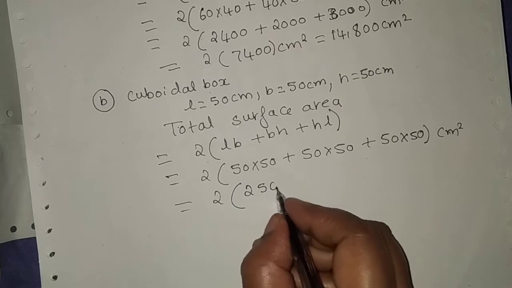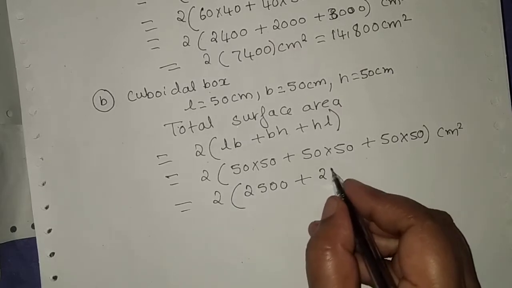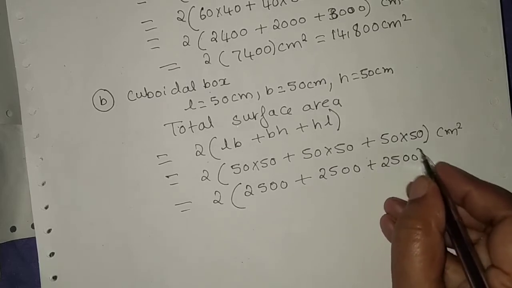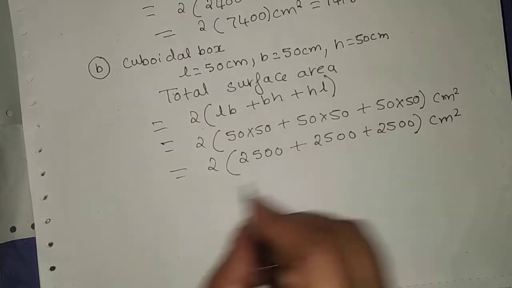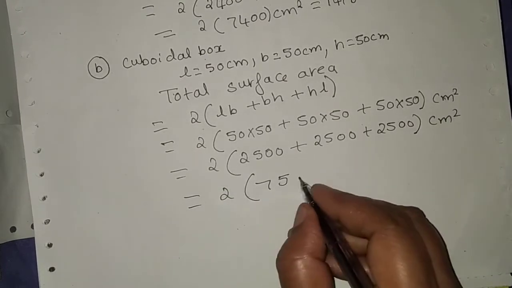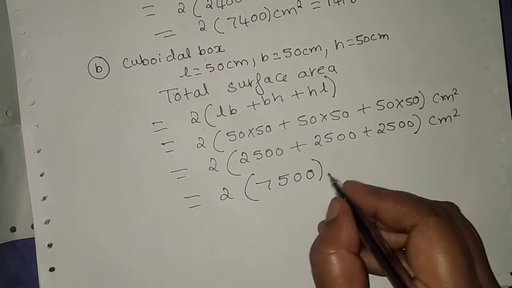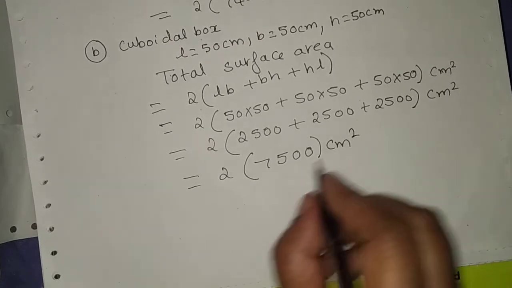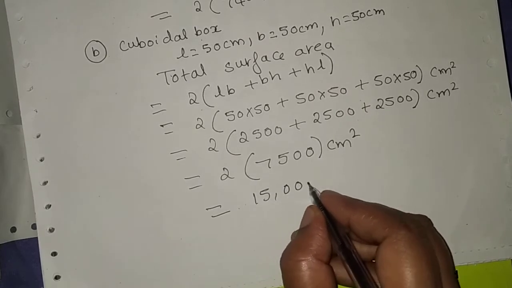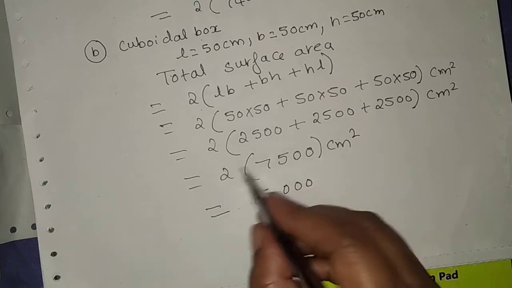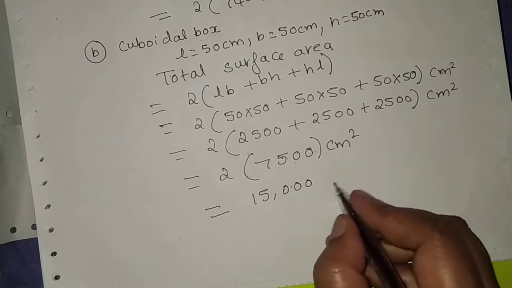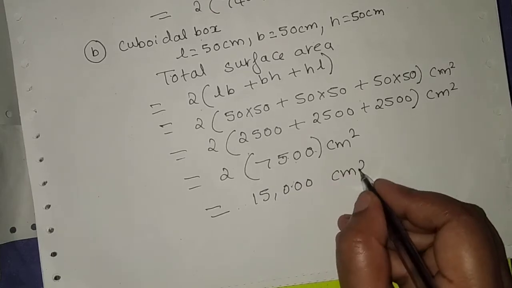Simplify: 2500 plus 2500 plus 2500 centimeters square. Add all this, we get 7500 centimeters square. Multiply by 2, we get 15,000 centimeters square.